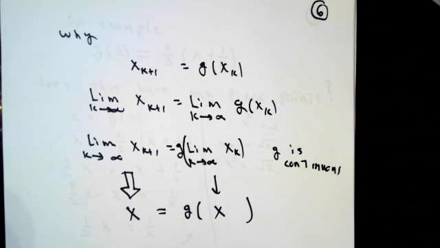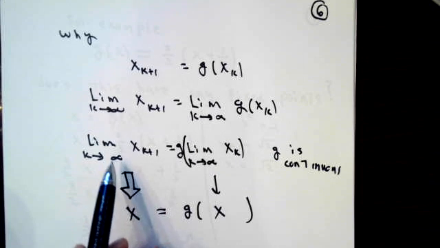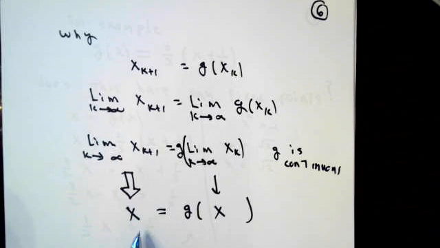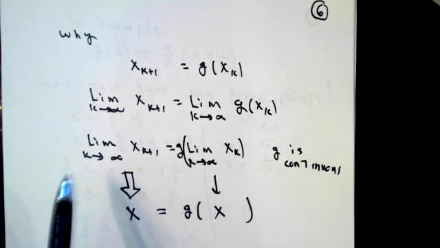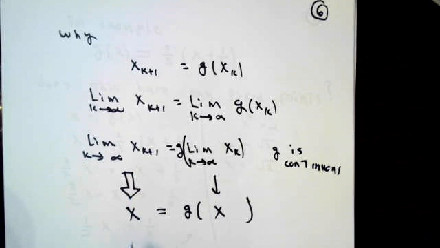That's part of the definition of continuity. If the limit of the x's is x, this next to last line just says x equals g of x. So if our fixed point iteration actually converges to something, the thing that it converges to is a fixed point of the g function.